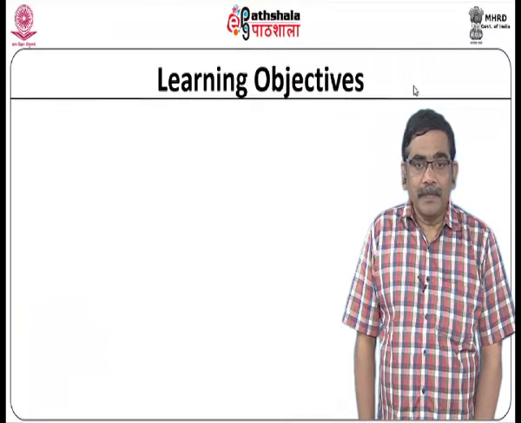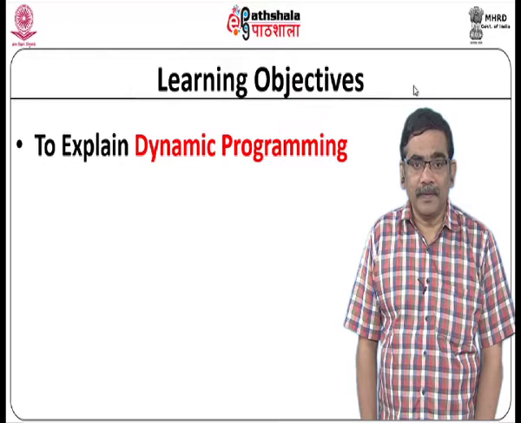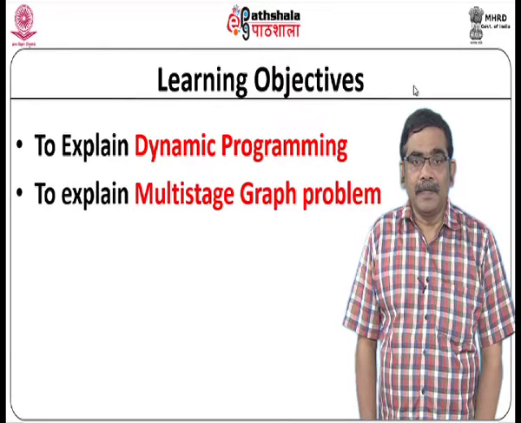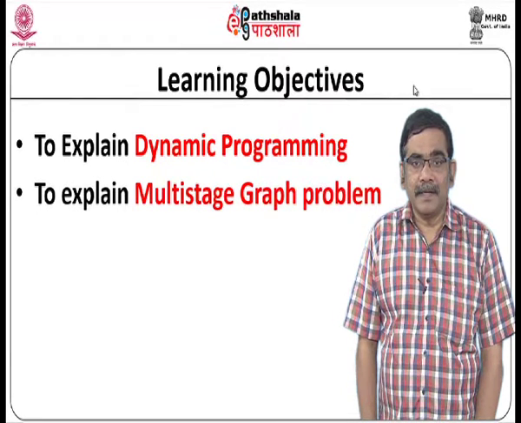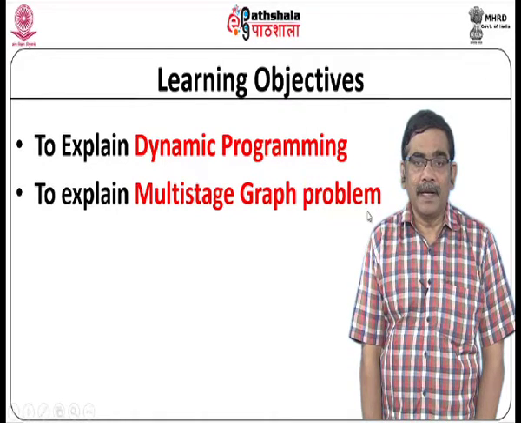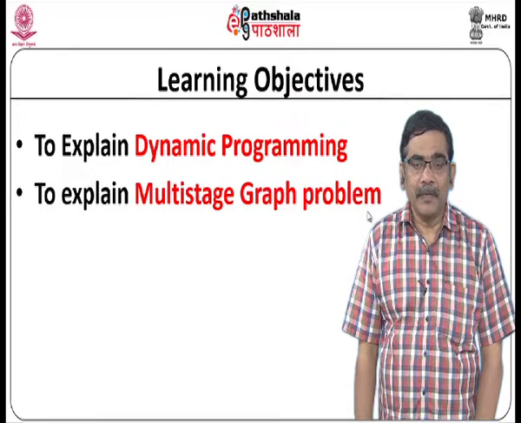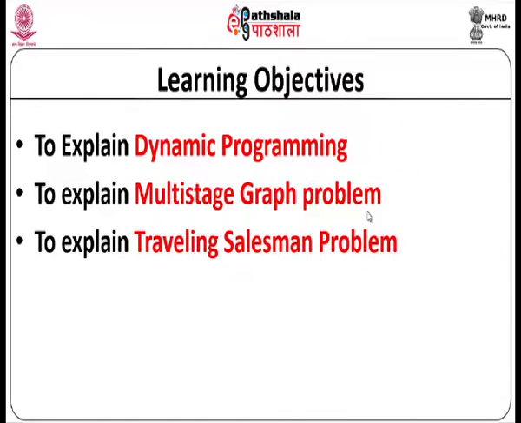The learning objectives of this particular module are to explain dynamic programming, where we are going to review that. Then we are going to discuss an interesting problem called the multi-stage graph problem. This is also very popularly known as the stagecoach problem, where we have to find the shortest path between the source and destination.